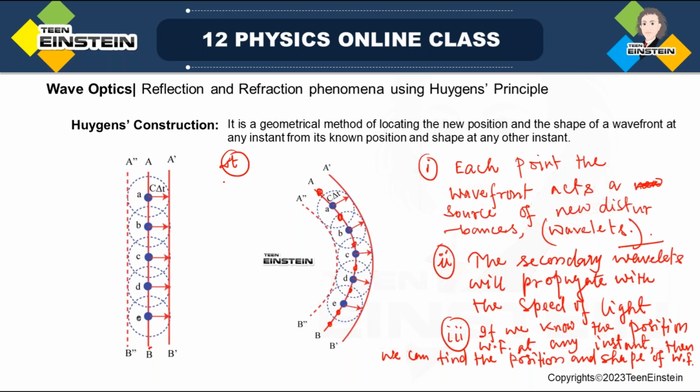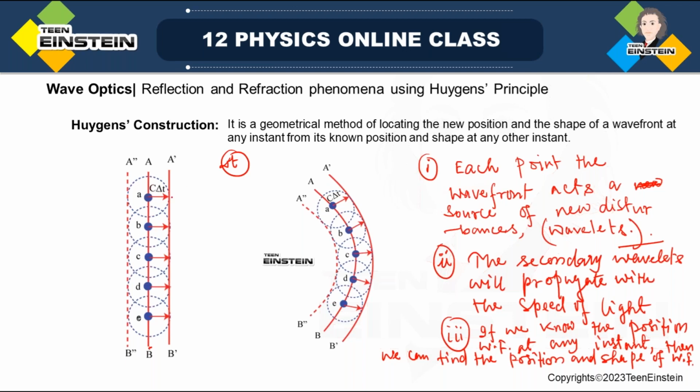In the plane wavefront we have selected a few points on AB, and in the curved wavefront also, A, B, C, D, E. Those points are just representative points, while other points also will produce such new wavelets. Now see how to do the geometrical construction. You have to draw a sphere, or here actually a circle, but we should say sphere. But what will be the radius of the sphere?